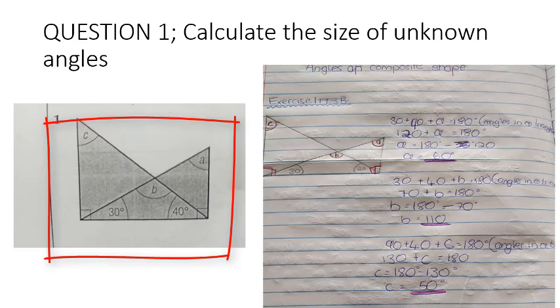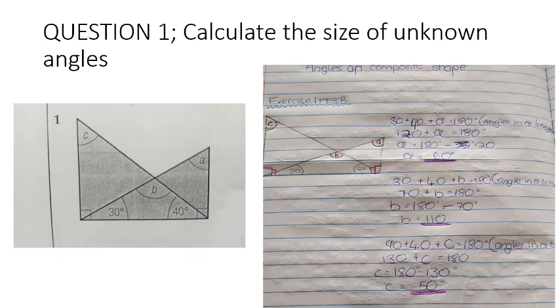So the question one, we had a diagram, and the question was to calculate the size of unknown angles. As you can see, we have a diagram here, the composite one. That means the diagram has been formed by different shapes.